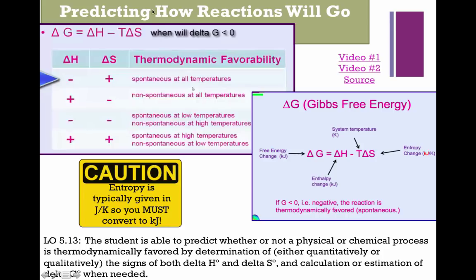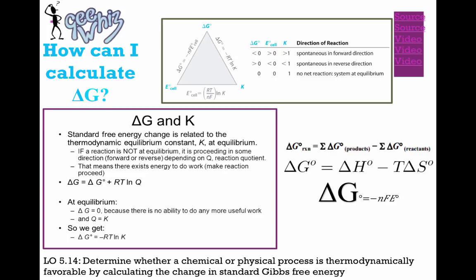Remember that thermodynamic favorability is the same thing as spontaneity. And then entropy, this big caution sign, right? Entropy is typically given in joules per Kelvin, and so make sure if you're actually calculating for delta H that you check your units and that you convert. If delta G is negative, it's spontaneous or thermodynamically favorable, and that means the reaction will proceed on its own.